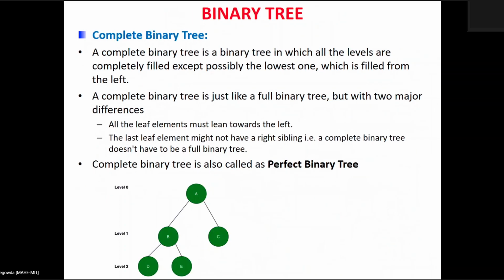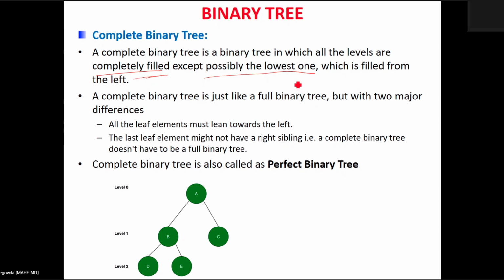So the next one is the complete binary tree. A complete binary tree is again a binary tree in which all the levels are completely filled, except possibly the lowest one, which is filled from the left. That means in a complete binary tree, the maximum number of children for any given node is 2 and the minimum is 1.